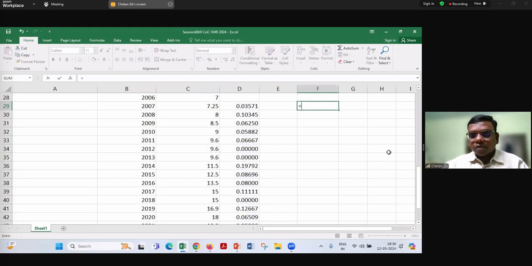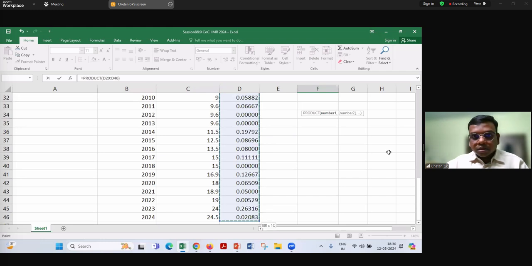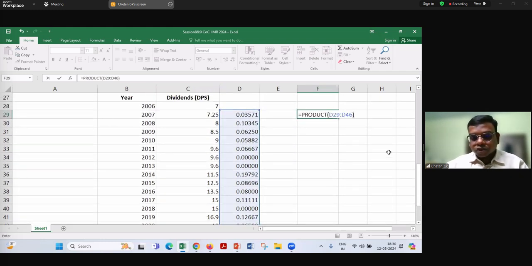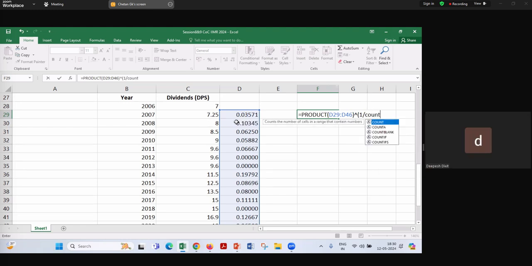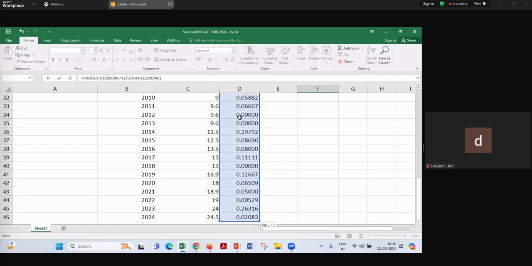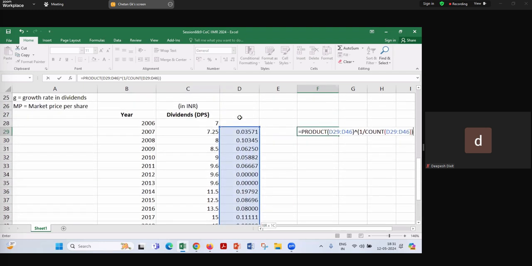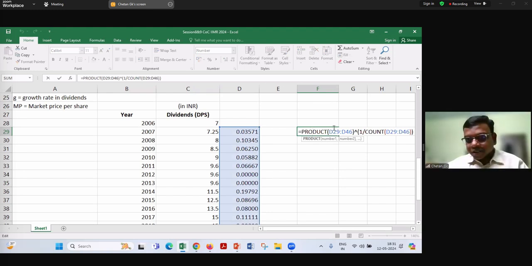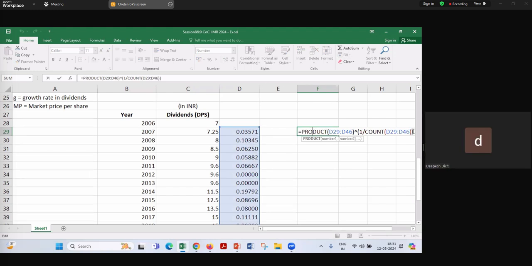Shall we go for the long method, that is product raised to 1 divided by count, minus 1, right?